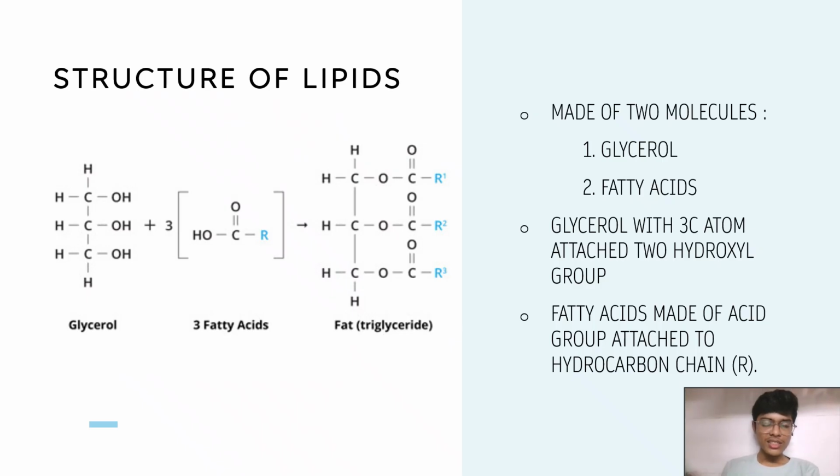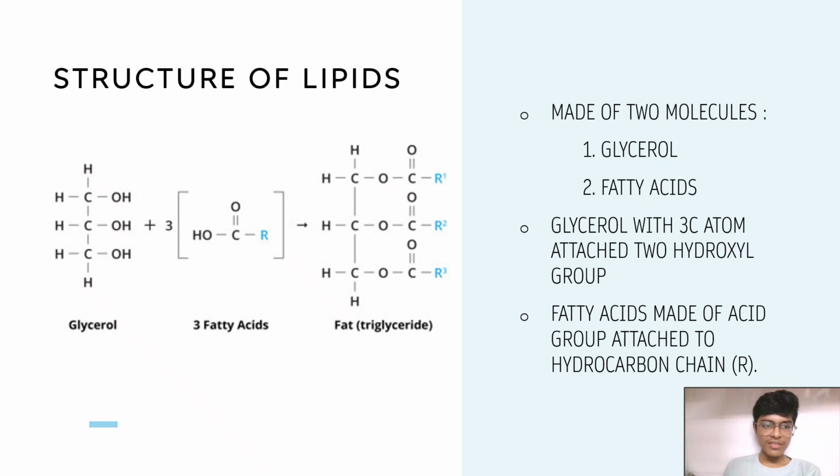So let's study the basic structure of lipids that is available throughout life. Basically, lipids are made up of two components majorly, that is glycerol and fatty acids. Glycerol is three carbon atoms attached to three hydroxyl groups. This together forms a glycerol group.